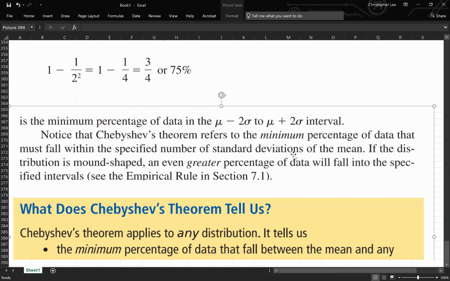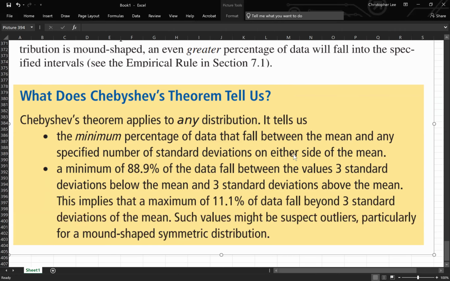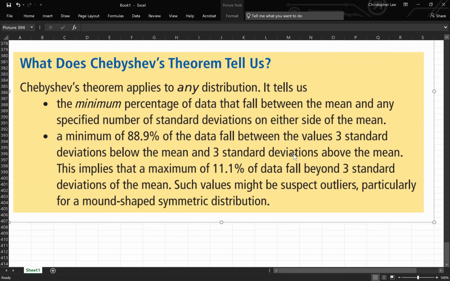So this is the minimum percentage of data in the mu minus 2 sigma to mu plus 2 sigma interval. Notice that Chebyshev's theorem refers to the minimum percentage of data that must fall within the specified number of standard deviations of the mean. If the distribution is mound-shaped, an even greater percentage of data will fall into the specified intervals, right? Which we'll see in the empirical rule. So more specifically, what does Chebyshev's theorem tell us?